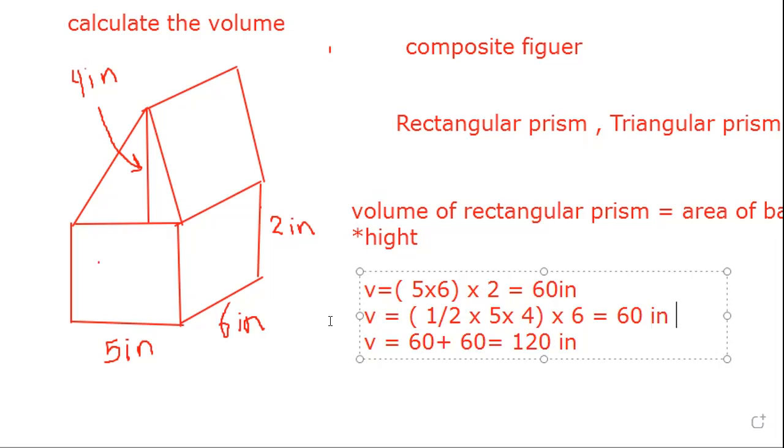Okay, then don't forget that it's a volume, so we have to put cubic inch. Okay, this is in case we want to calculate the volume of this figure. Any questions so far? No.